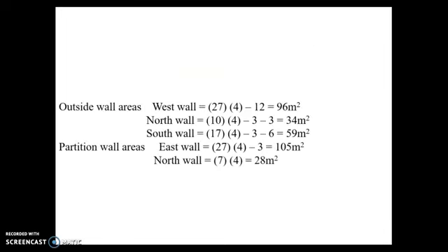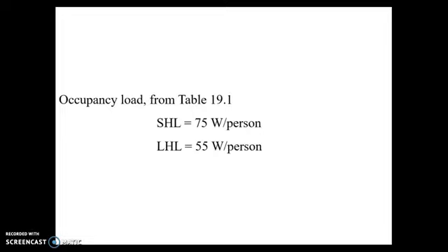Outside wall area: west side wall area 96 meters square, north side wall area, south side wall area. Partition wall areas of east side wall, north side wall. We calculate the areas of the outside wall and partition wall.